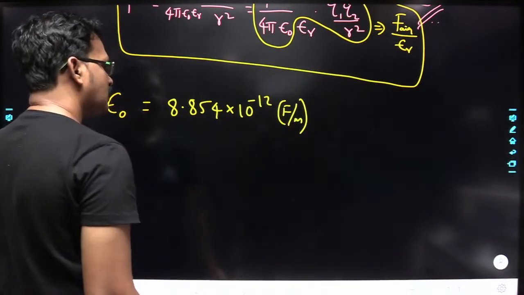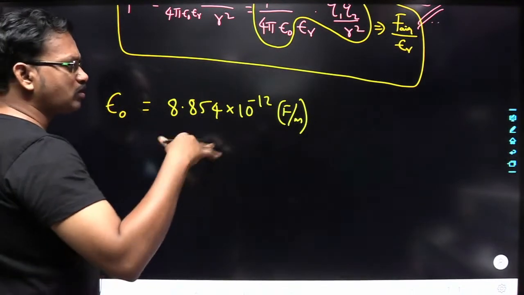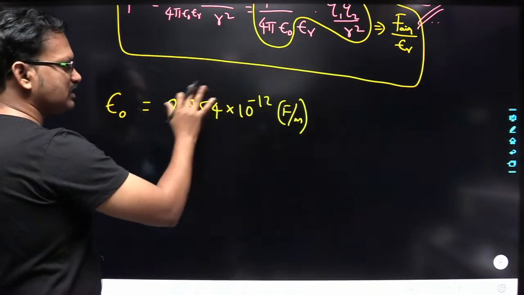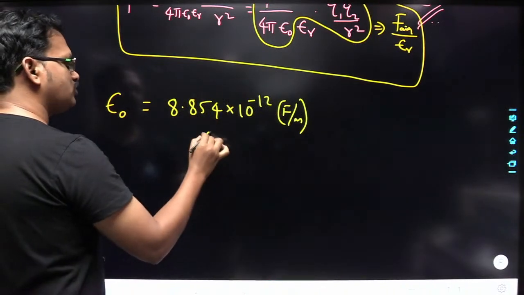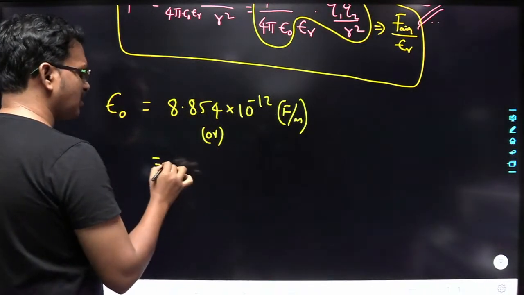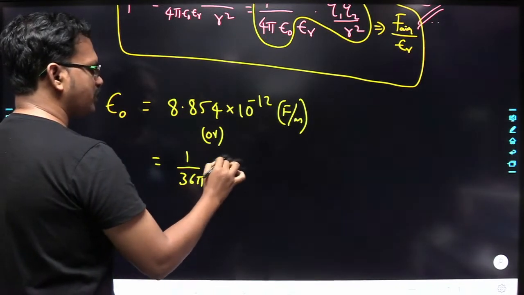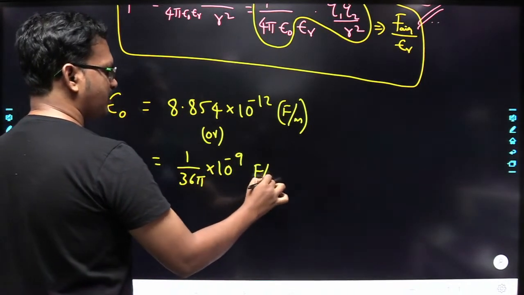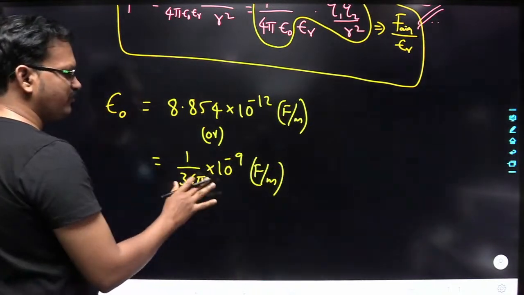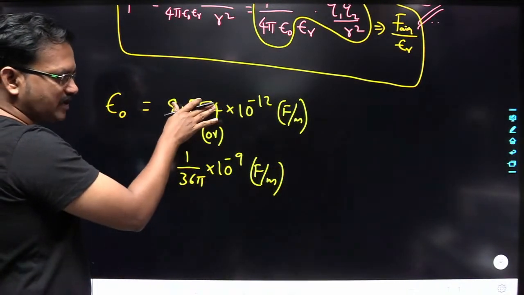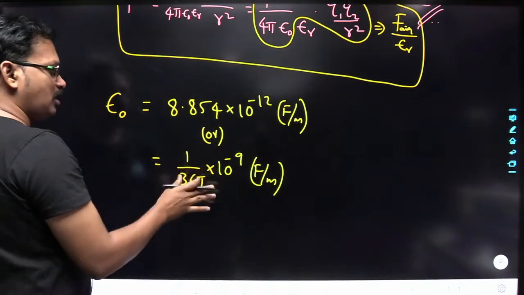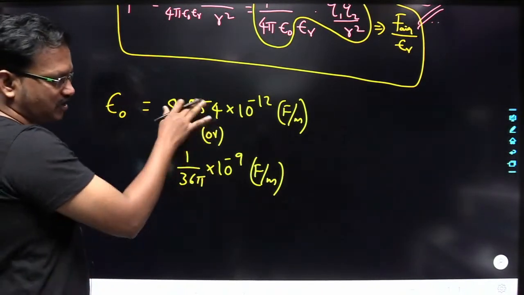But throughout our subject we are not going to use this value. We are going to use epsilon naught as 1 by 36 pi into 10 to the power of minus 9 farad per meter. If you simplify this, finally you get the same result; these two are almost equal.